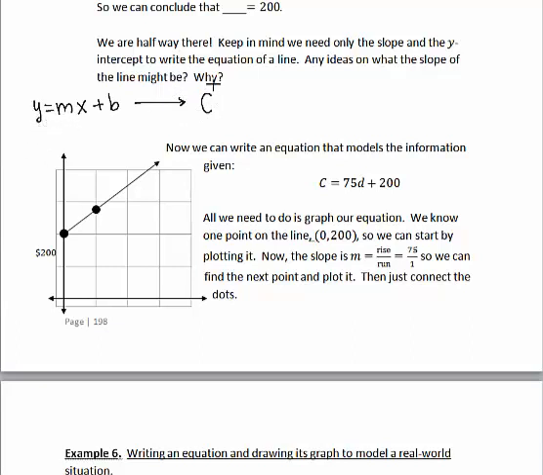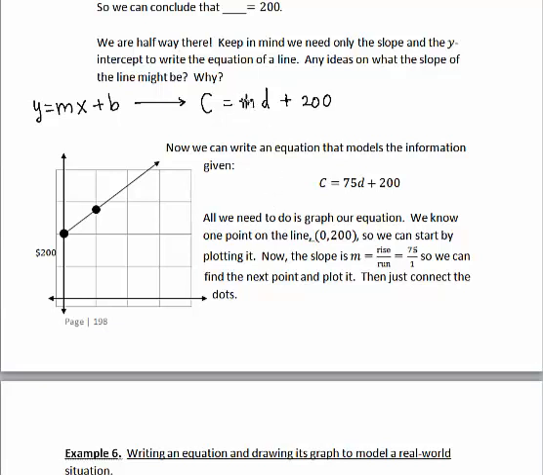We're calculating the cost, so y is going to be replaced by the cost, c. X is going to be replaced by d, the number of days, and then we've already chosen a number, our flat rate for our y-intercept, and that works out to be 200.